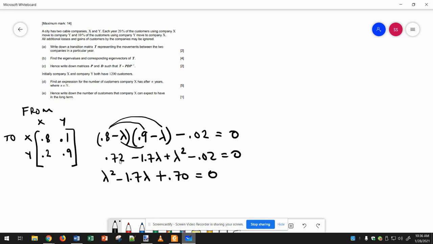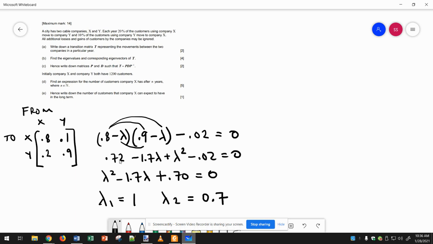Then we want to use the polynomial root finder to find lambda 1 and lambda 2, or you can graph this quadratic and just find the x-intercepts. You shouldn't be using the quadratic formula, or, I mean, you could, but it's going to take longer. And please make lambda 1 the bigger value, just for consistency.